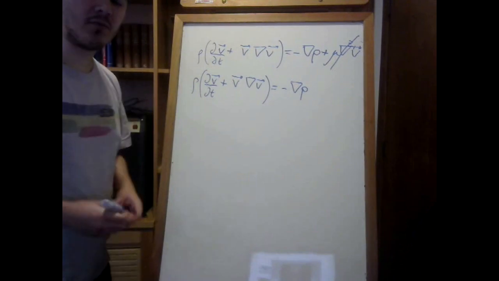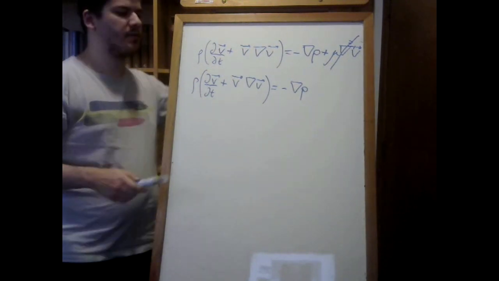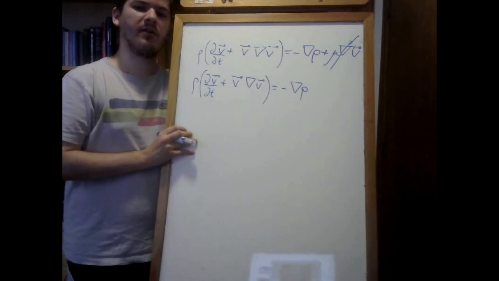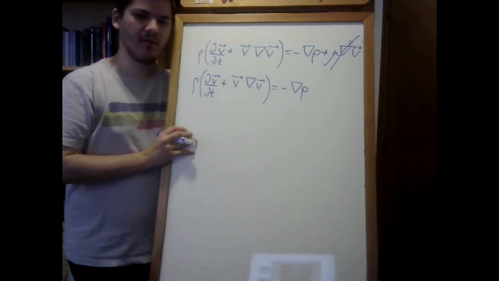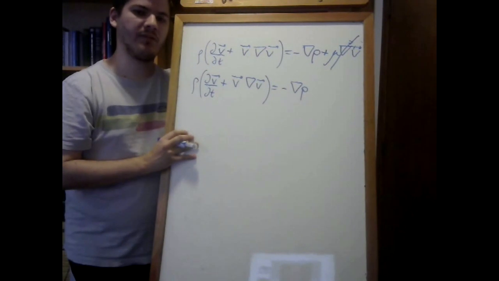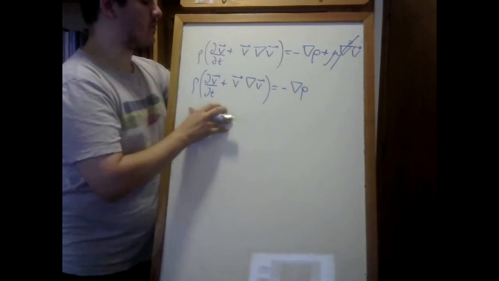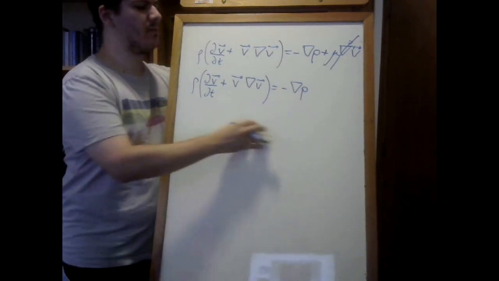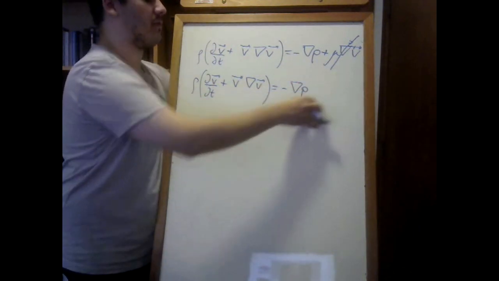In case you don't recall what this equation means, generically speaking, in a simplistic way, it is Newton's second law applied to a differential volume of fluid. Here we have the mass times acceleration term, and here we have the sum of forces.